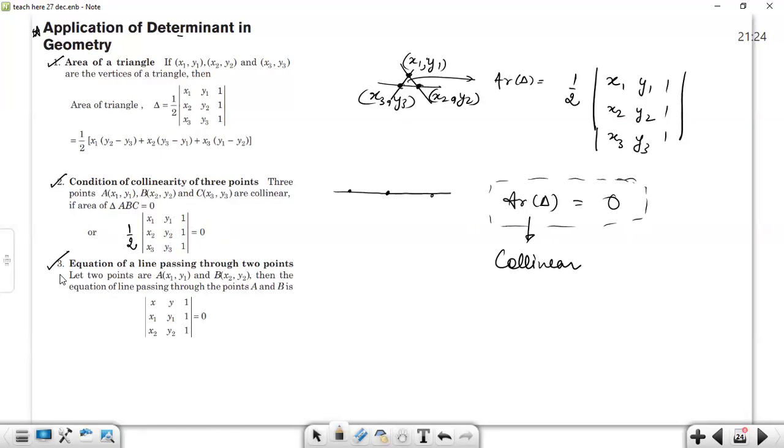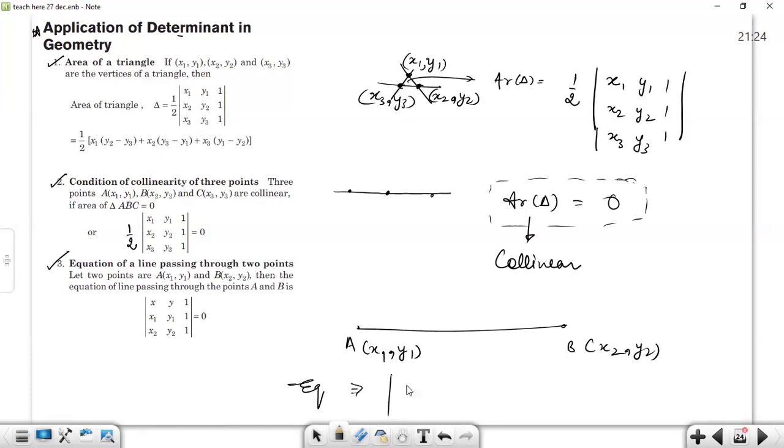Coming to the third point, you can also find out the equation of a straight line passing through 2 points. How will you be able to do so? Let's say there's a point A connecting to a point B. The coordinates of point A are x1, y1. The coordinates of point B are x2, y2. Now you have to find out the equation of the straight line.